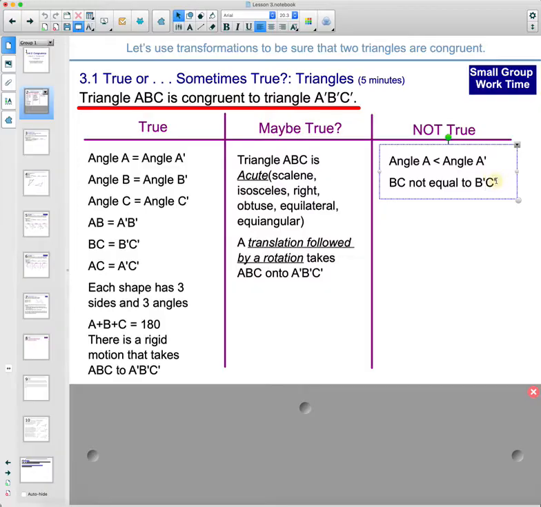We know that they are equal, so they can't not be equal. Or you could say less than or greater than in here too. We certainly know that A plus B plus C can't be greater than 180, or less than 180, because it has to be equal to 180.